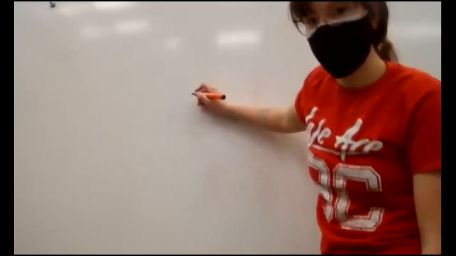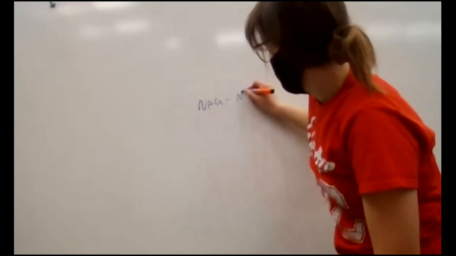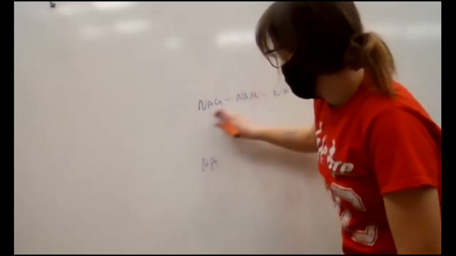yes, I can go over that electron transport chain. So one other thing that I did want to touch on was the NAG-NAM in the peptidoglycan. So the main things you need to know is that we're going to have an alternating sequence of NAG-NAM.